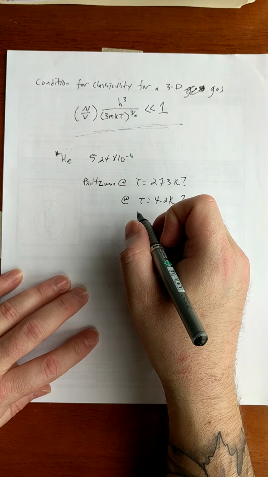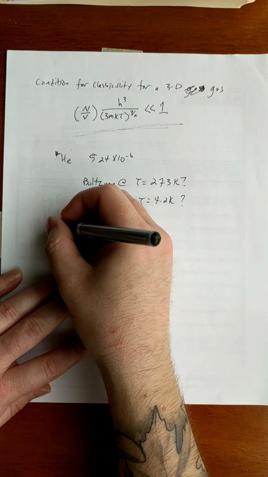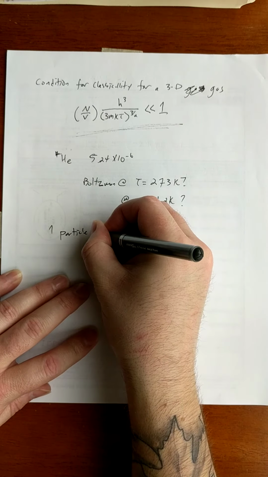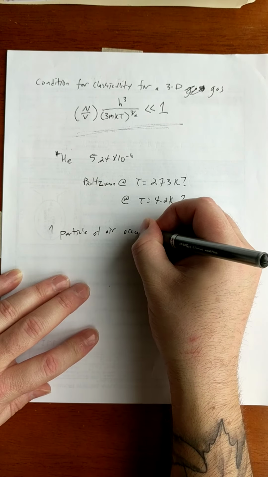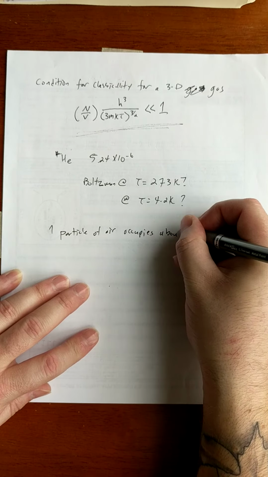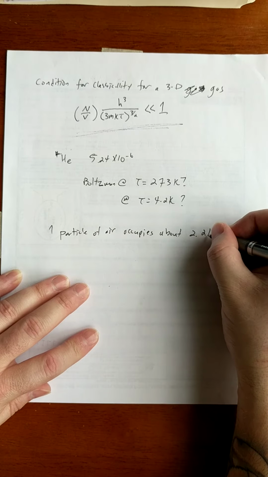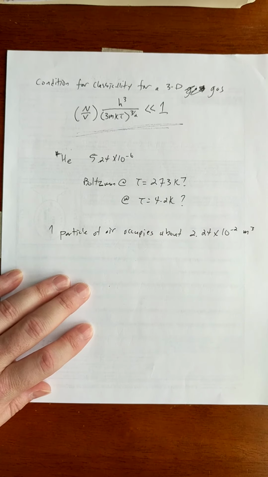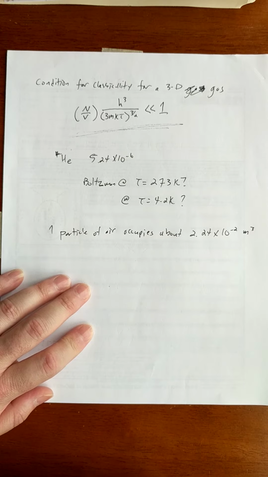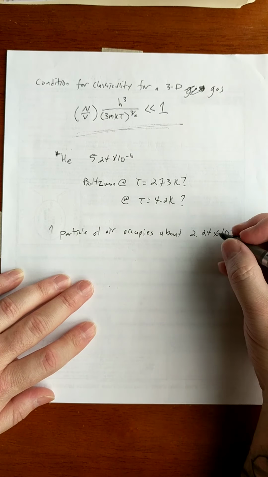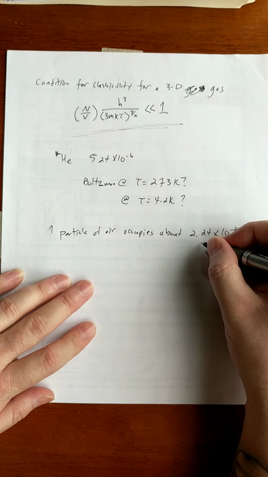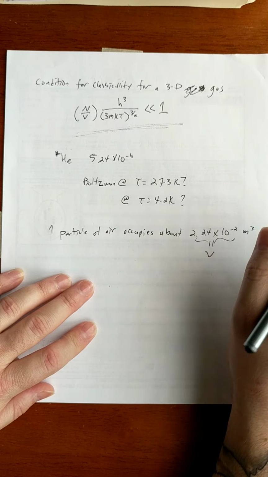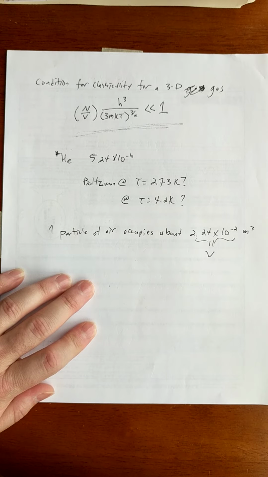A better way to say that is that one particle of air occupies about 2.24 times 10 to the negative 2 meters cubed. Okay. So then the number of atoms per unit volume, so this is essentially volume per air molecule.